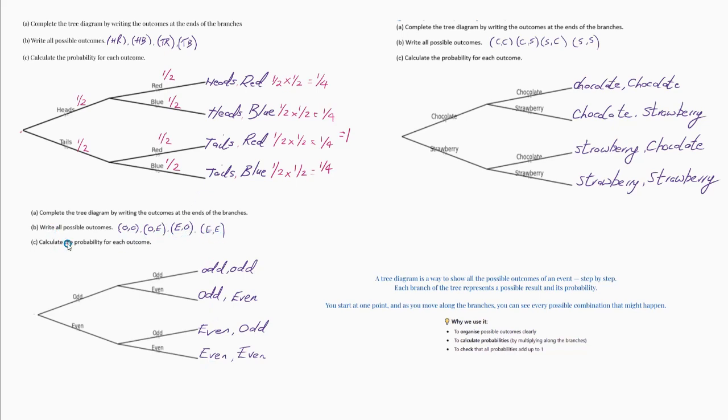And now we're looking at calculating the probability for each outcome. So this time I'm going to do exactly the same. I'm going to make that a half. Same on here. And the same on there.